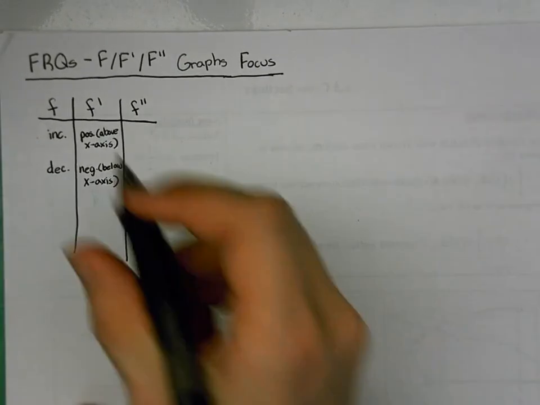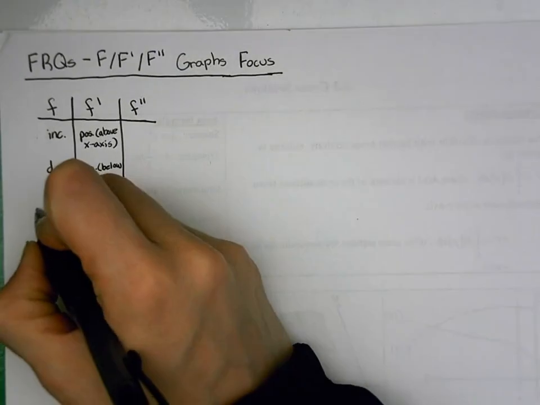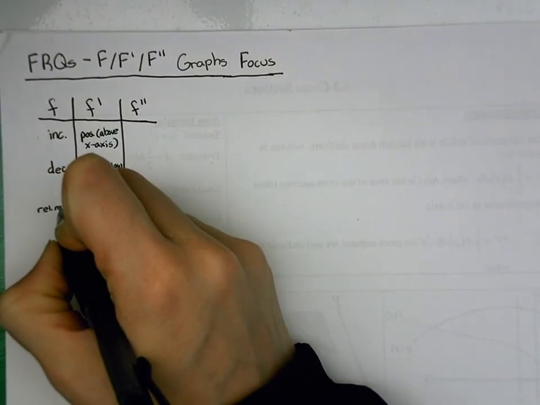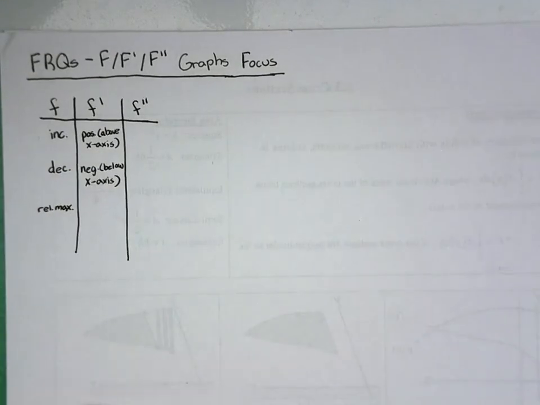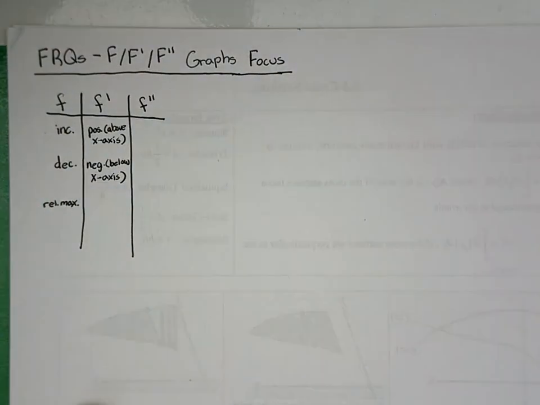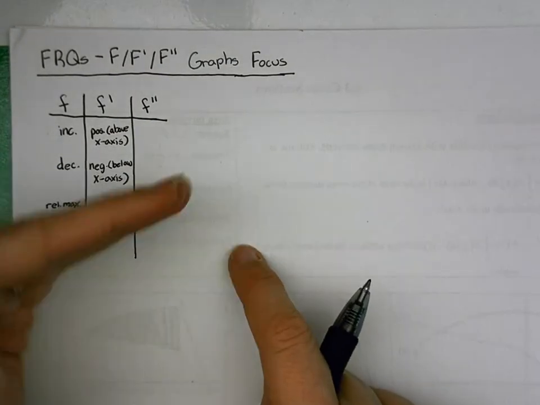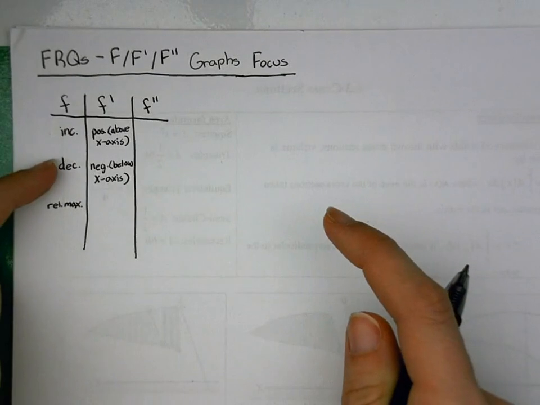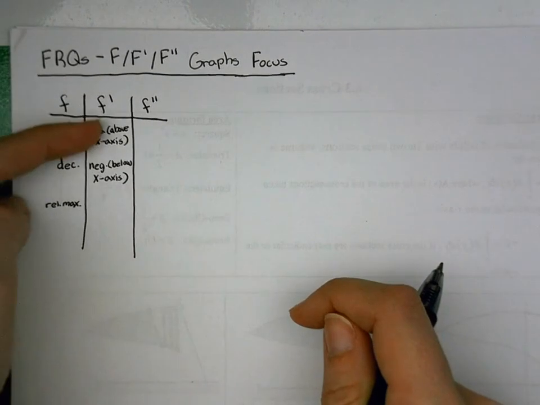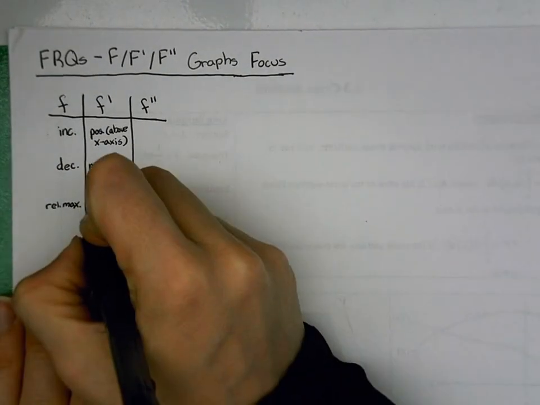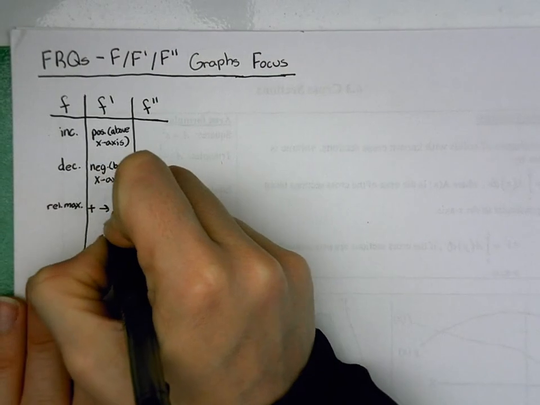So maybe that's how you prefer to think of it. Okay. Where does F have a relative max? What does that mean? Okay, well, because a relative maximum is where F changes from increasing to decreasing, going up and then coming down, it's where F prime would change from positive to negative.